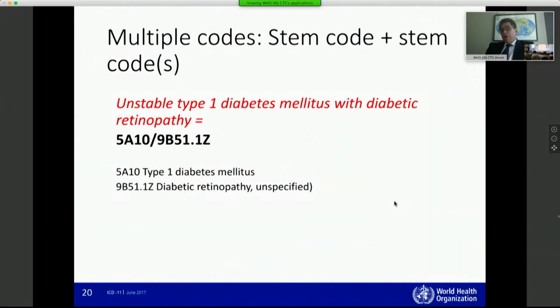Now, I've talked earlier about the diabetes in ICD-10 that was so complicated because it was subdivided, number one, by types, nice to have, and it was further subdivided by a wonderful construct that was saying with ophthalmic complications, with vascular complications, with kidney complications, and then with multiple complications, and then complication unspecified.